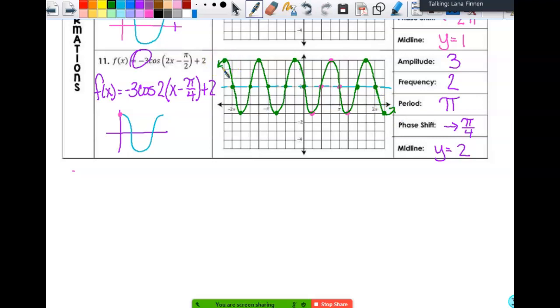I left my anchor points pink in case I did that too fast. You needed to see where my 5 original ones were. But there we go. Any questions at all?